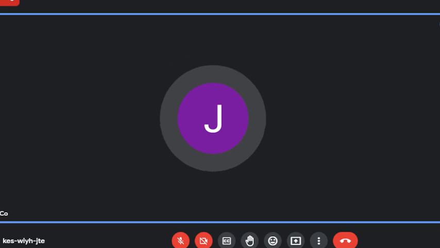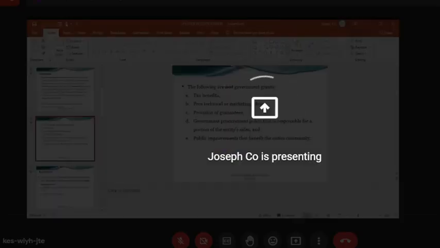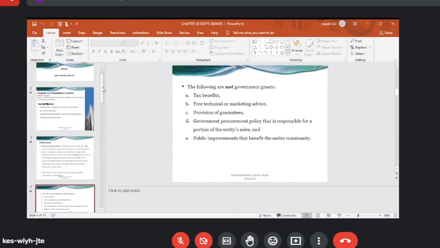Okay, yan po yung mga outside, no? Hindi, kasi ano siya eh, assistance siya, hindi siya grant. Magkaiba kasi yung government grant sa government assistance, no?